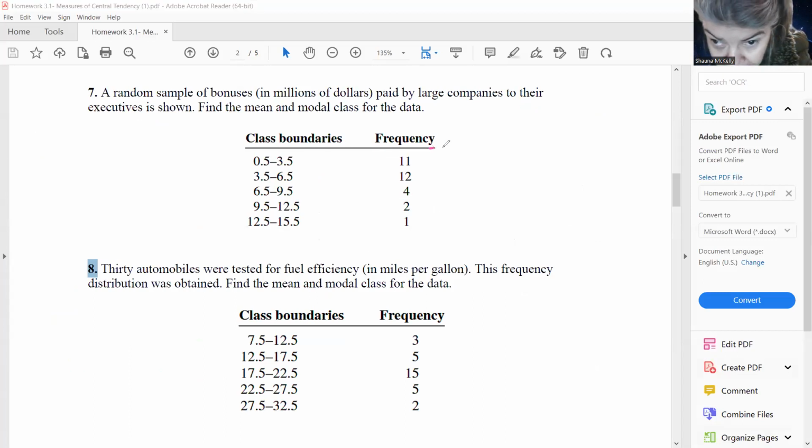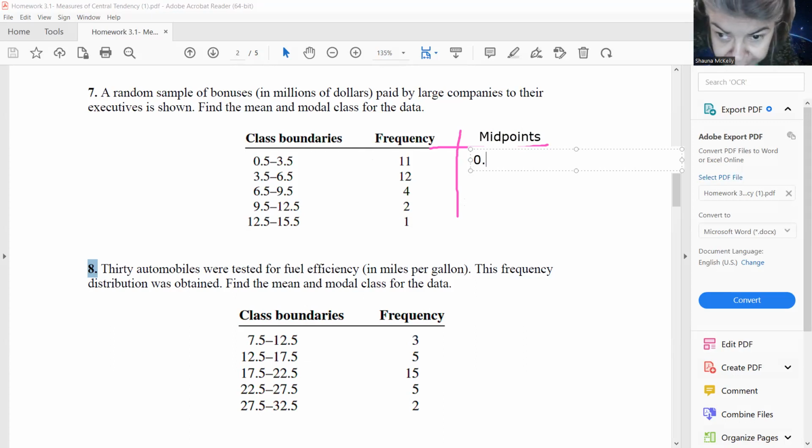We're going to add ourselves a column in the table. Okay, we're going to call it midpoints. And we're going to add up the lower boundary, the upper boundary, and divide by 2.